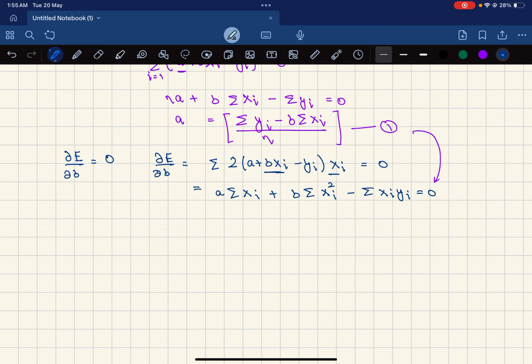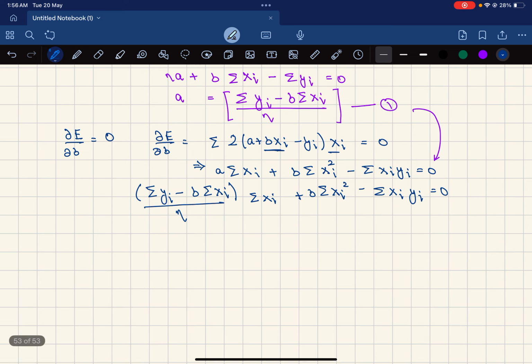So once we do that, we have summation of yi minus b summation of xi, whole upon n, summation of xi plus b summation of xi square minus summation of xi yi equal to 0.